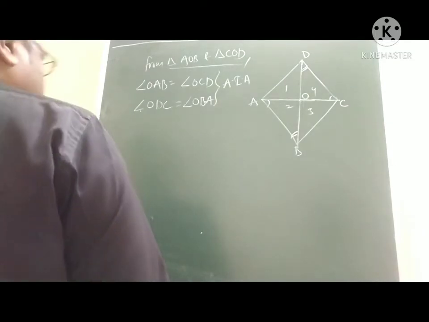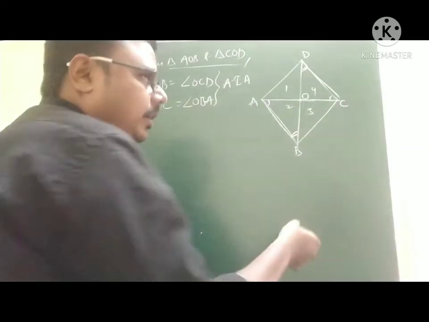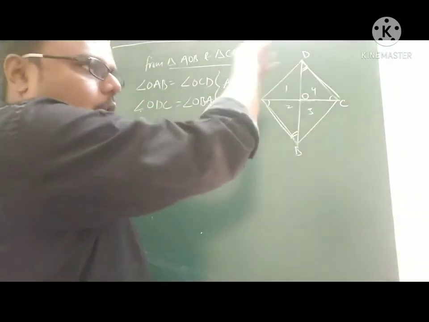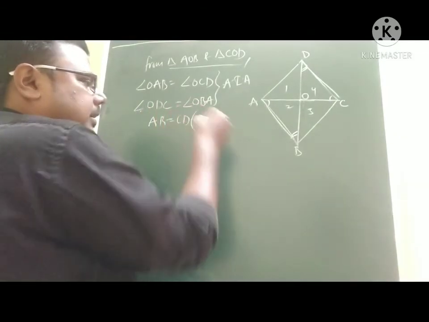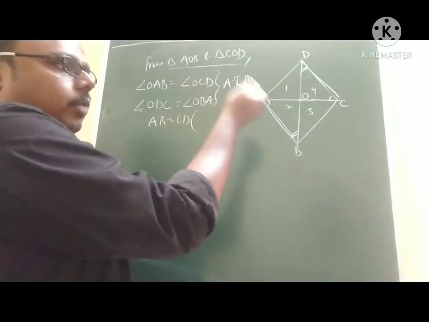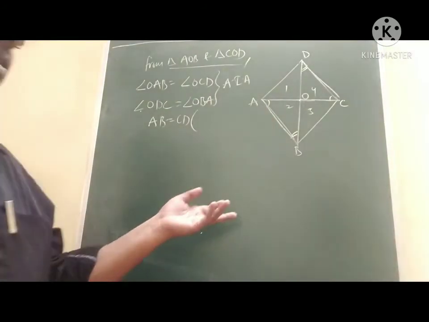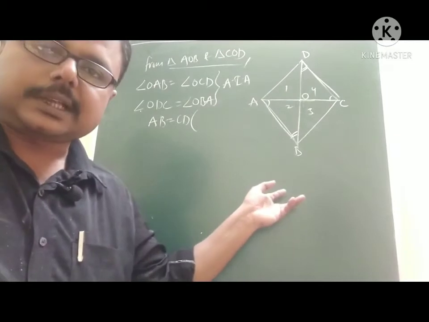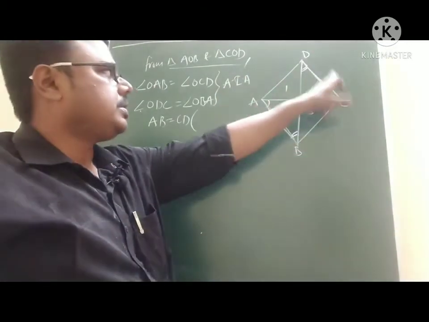Then as usual, you know that AB is equal to CD. Why? Because it's a part of the overall rhombus. What is the property of the rhombus? Or else you can go with the definition. With respect to the sides, all the sides are equal. So AB is equal to BC is equal to CD is equal to DA.